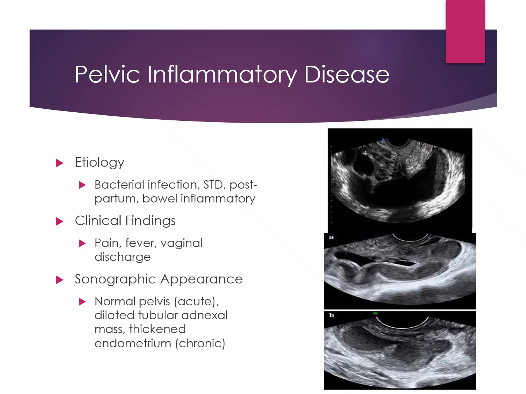So just a quick review. We talked about PID or pelvic inflammatory disease back when we talked about pathologies of the uterus and fallopian tubes, but this is actually just inflammation or infection is the primary reason for these. So, STDs, if they had something going on postpartum, like leftover products of conception, or if they had bacterial vaginosis, it can turn into pelvic inflammatory disease where those fallopian tubes are inflamed.